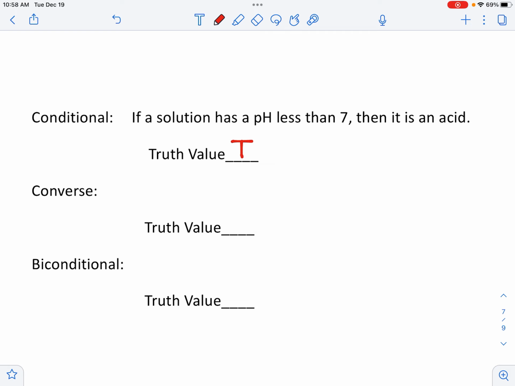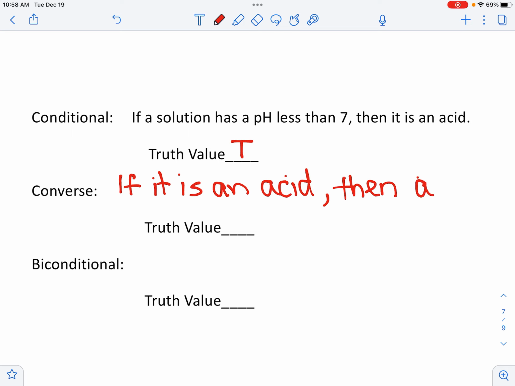Okay, and then the converse would be if it is an acid, then a solution has a pH less than 7. Okay, so that is also true. Because those are both true, we can already say that the biconditional is going to be true.